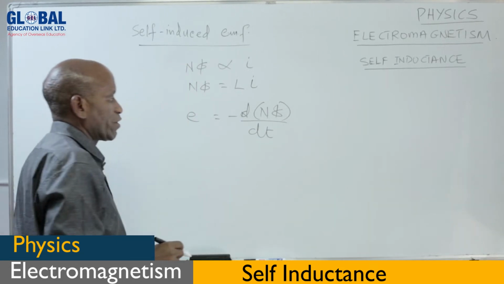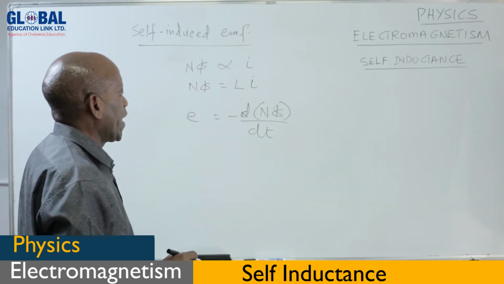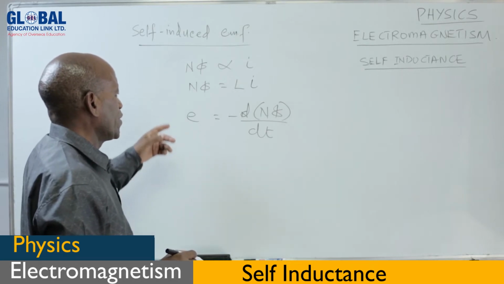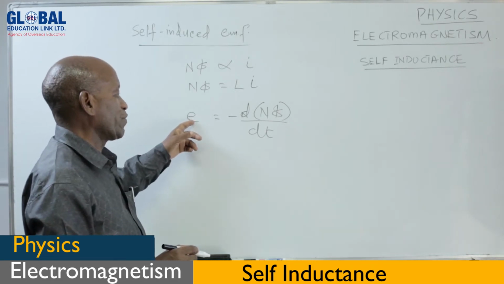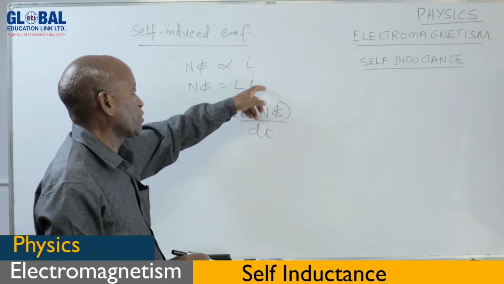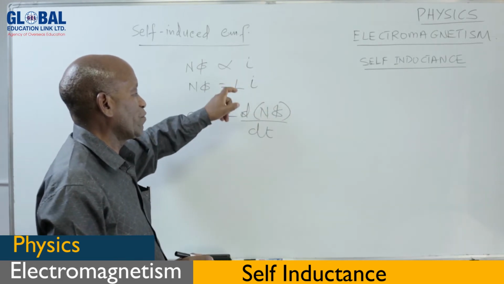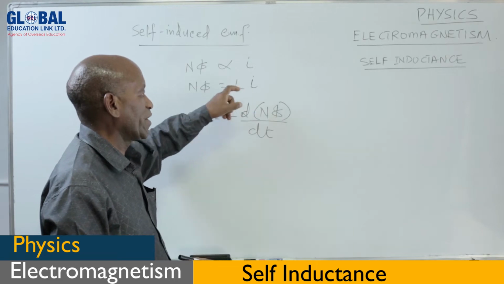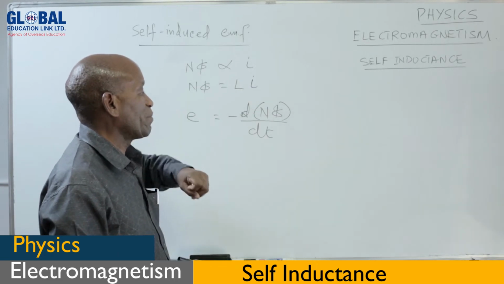And you can find that, if I'm talking about the induced EMF E, then N phi here is the same as the product of L times I, the inductance of the inductor times I.